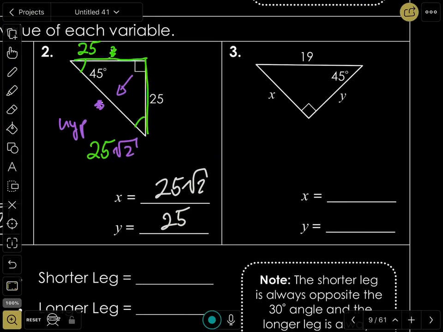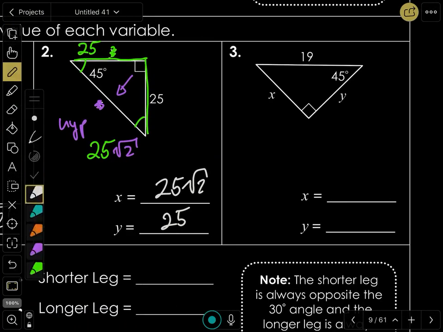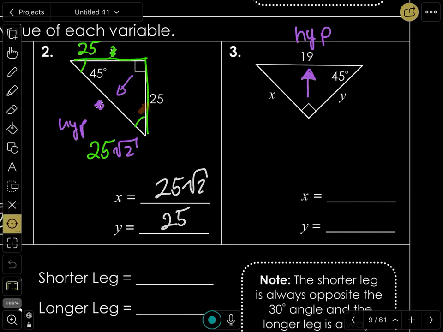Okay, take a second and think about looking at this problem number 3. What's different about this problem than the last two? Hopefully you're realizing that we were given the hypotenuse. If we were given the leg, we multiplied by the square root of 2. Notice how this leg is smaller than the hypotenuse, so multiplication is making this number bigger, right?